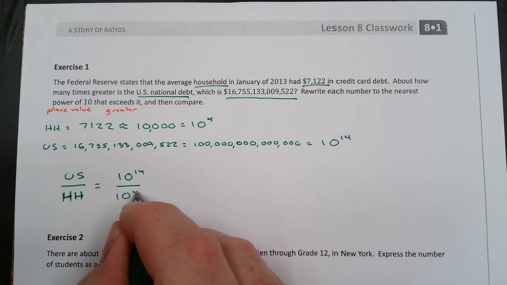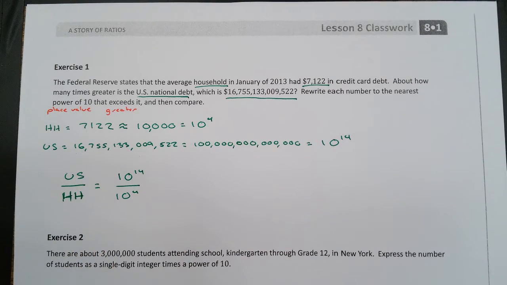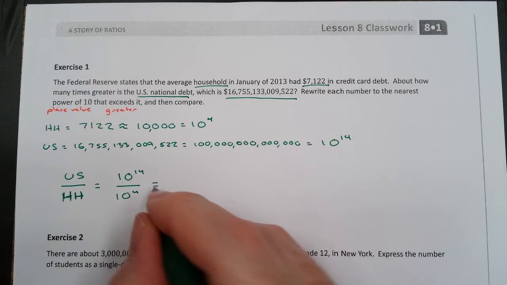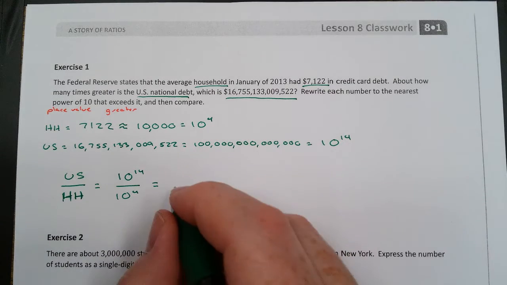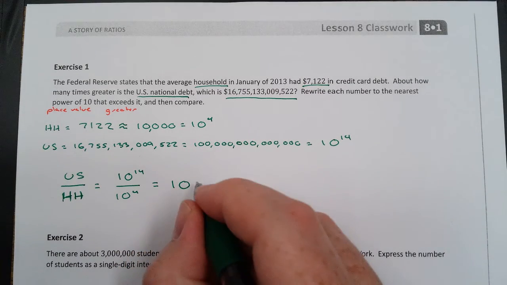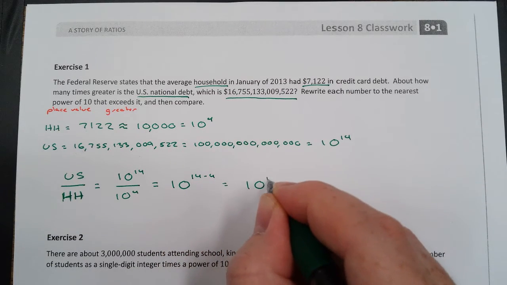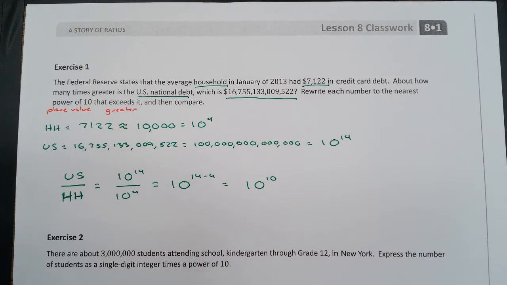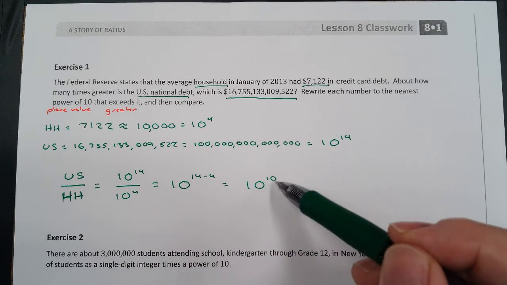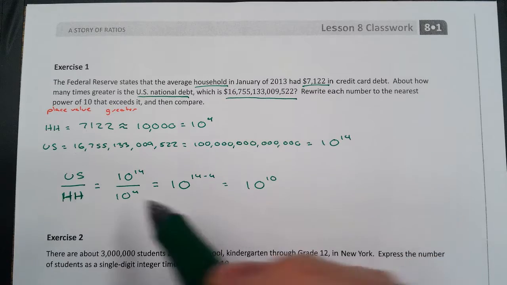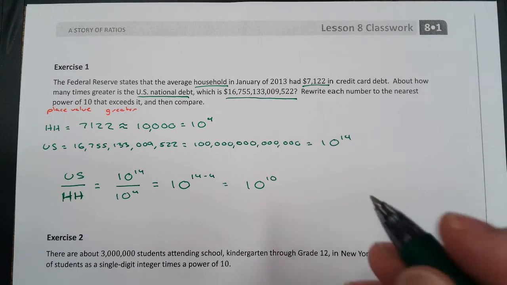Household debt was approximately 10 to the 4th. Now to divide this, we use the exponent rules we talked about in the first part of the module. Same base, so we can just subtract the exponents. 10 to the 10th.